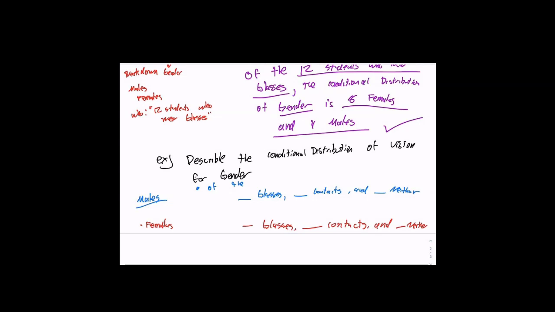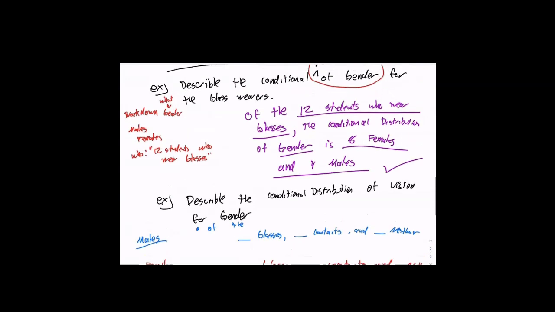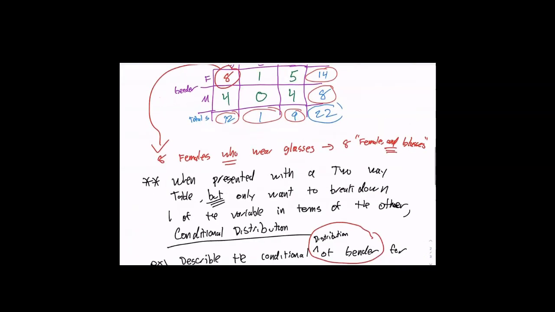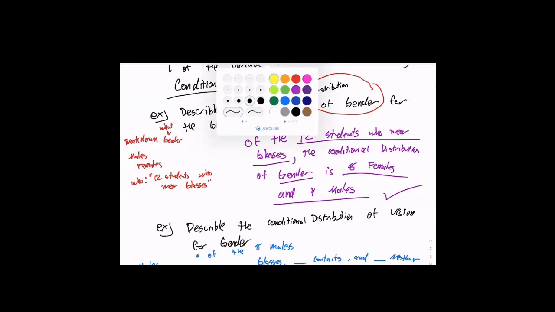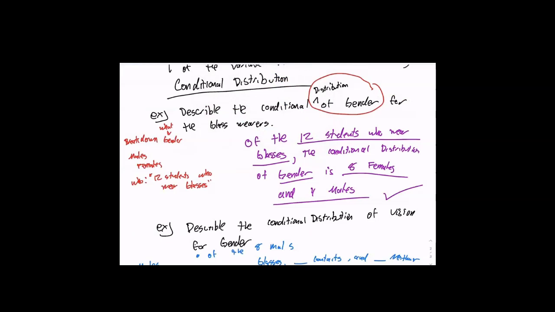So let's break down males. How many males are there? Of the 8 males, now I'm going to note this. In the previous problems I wrote down the distribution of vision.